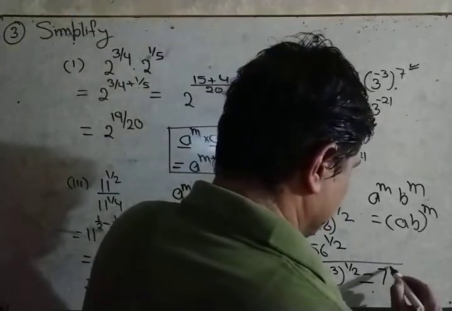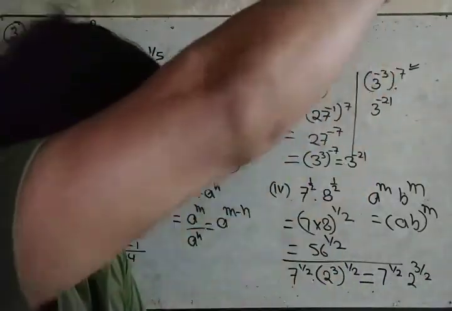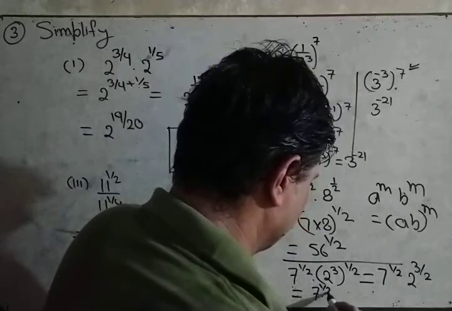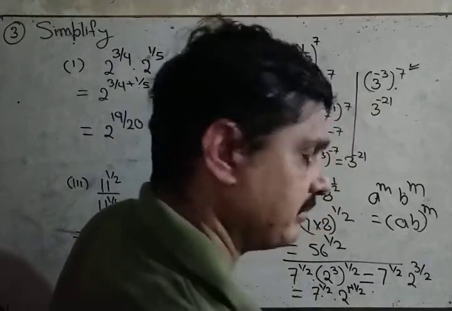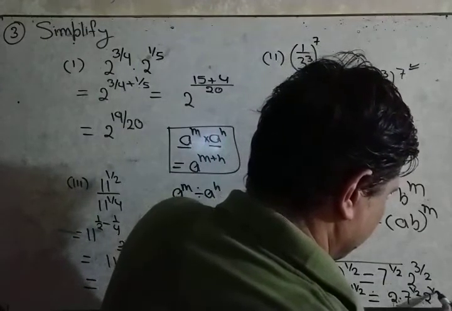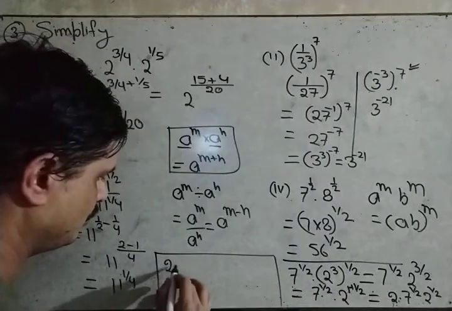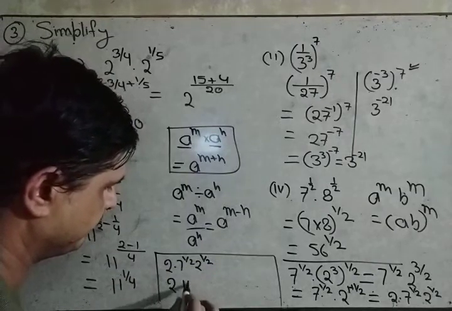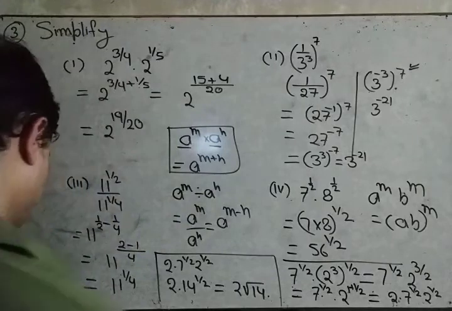Yes, 7 and 2 raised to the power 3 by 2. 3 by 2 means 7 into 2 plus 1 by 2, meaning 2 comes out, 7 here, 2 root 7 came to us, and base are same, we multiply, so you can write directly this. You can write this question in this way.